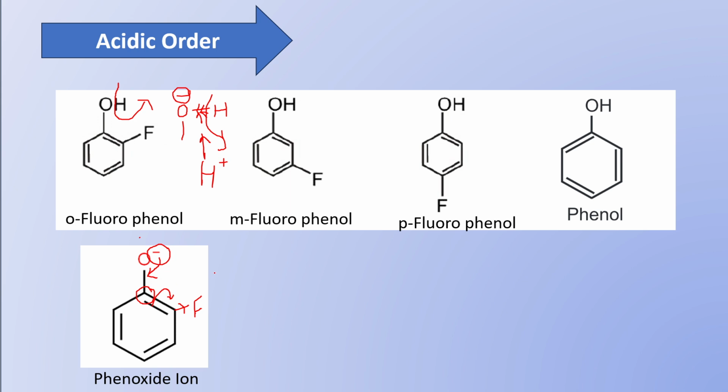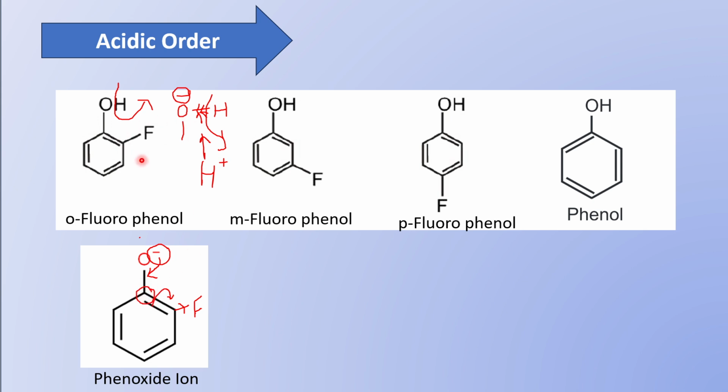Okay, so as we know, fluorine is pulling the electron from the benzene ring or the system as a whole, and the electron cloud of oxygen is being used to stabilize this electron scarcity.